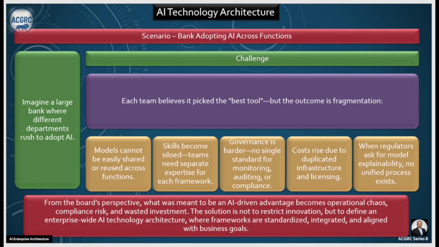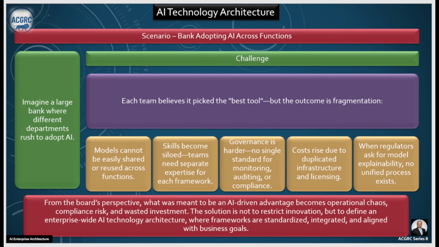fragmentation. Models cannot be easily shared or reused across functions. Skills become siloed. Teams need separate expertise for each framework. Governance is harder as there is no single standard for monitoring, auditing, or compliance. The cost rises due to duplicated infrastructure and licensing.